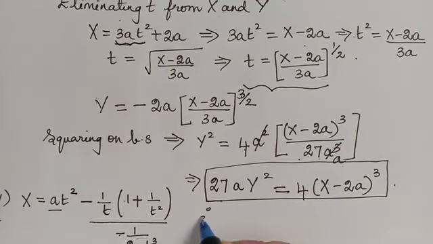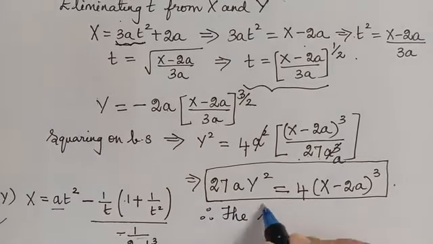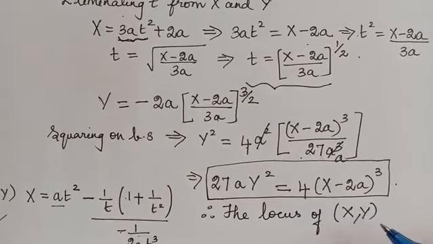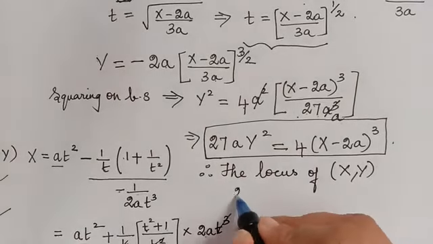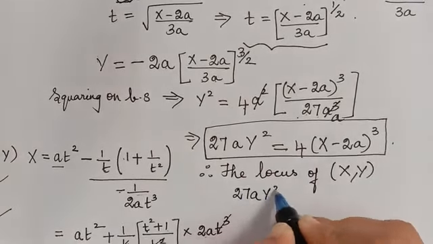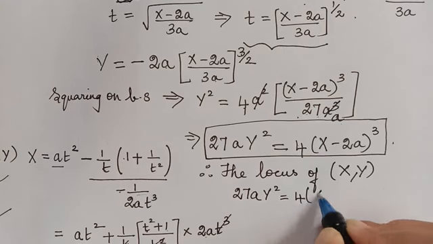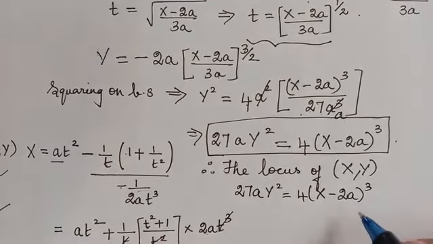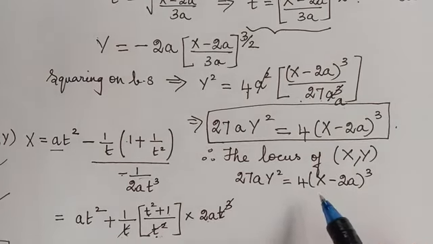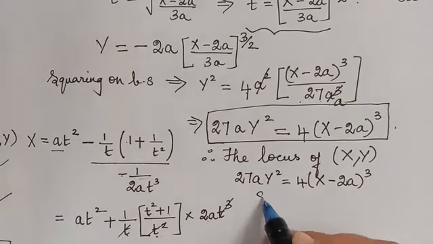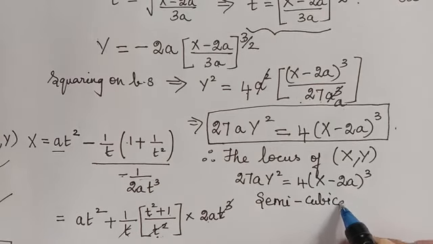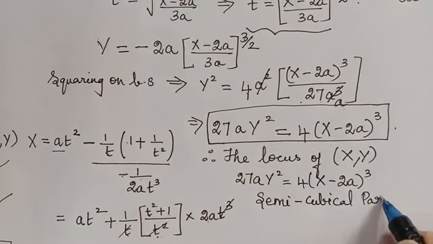Therefore the locus of the center of curvature x comma y is given by 27a y squared equal to 4 multiplied with x minus 2a the whole cube, which is the evolute of the parabola. And this equation is called a semi-cubical parabola.